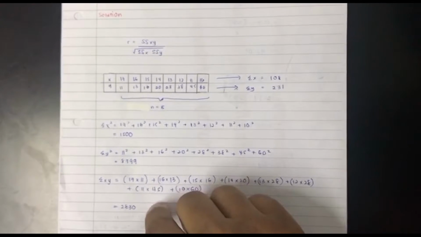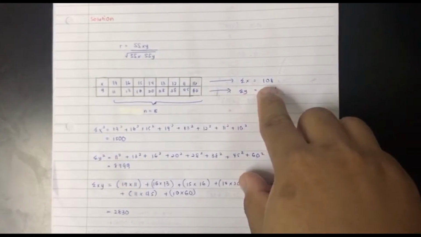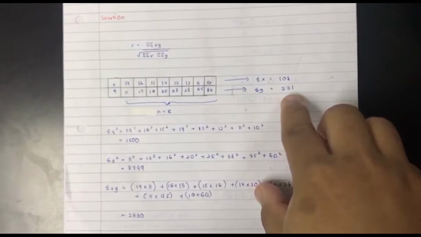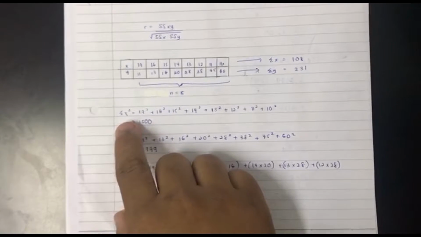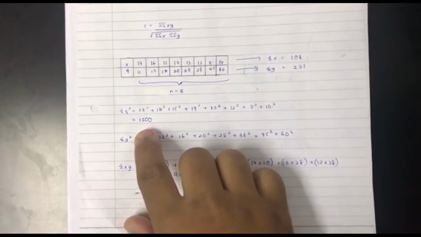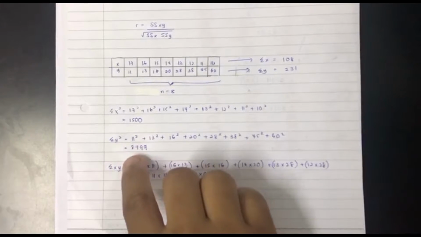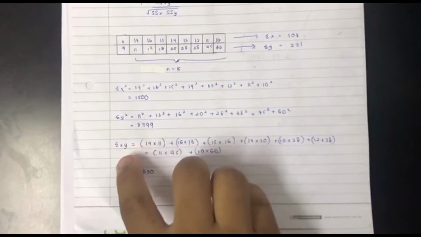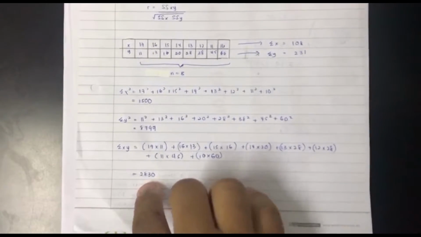So first, calculate the total of x, which is 108, and the total of y is 231. Next, calculate the sum of x square, which is 1500, and total of y square, 8799. And lastly, the sum of xy, which is 2830.